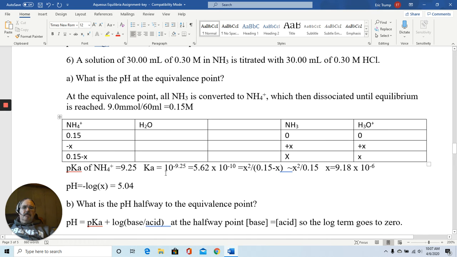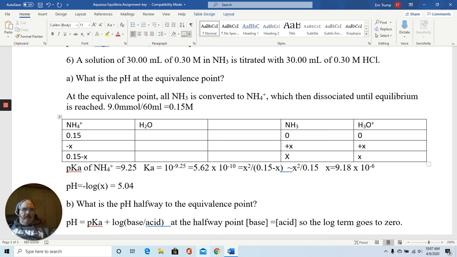We substitute these equilibrium values and we can simplify. We can assume that x in the denominator is negligible. Solving for x, we get 9.18 times 10 to the minus 6th. That's our hydronium. If we take minus the log of that, that's 5.04.